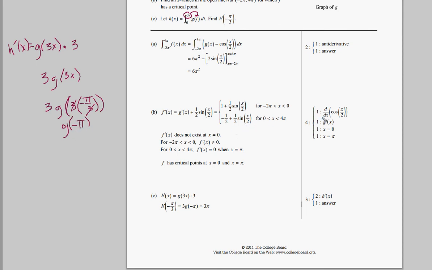And, oh poo, g of negative pi, g is the function that's shown up above. Negative pi, the value there is pi. So you have pi times this 3, and so that's how we get our 3 pi. So you get a point there, 2 points for having the correct derivative. So this guy's worth a 2, and your answer is worth another one.